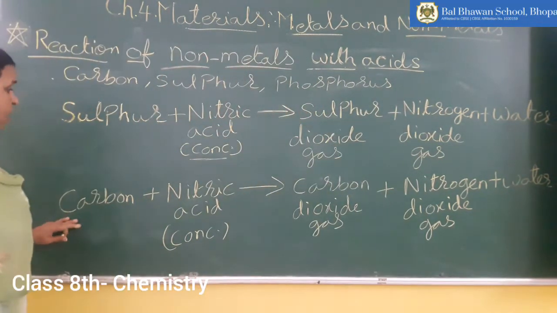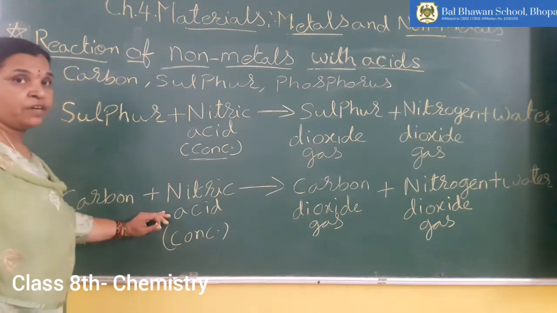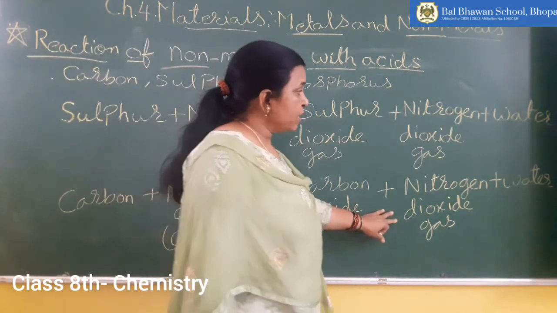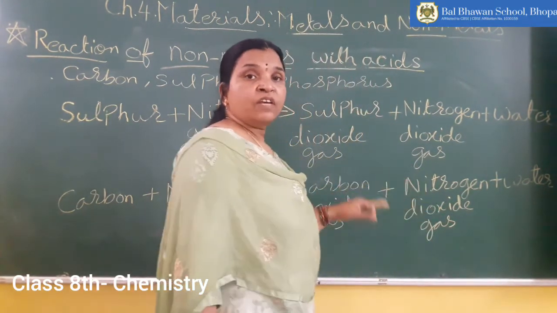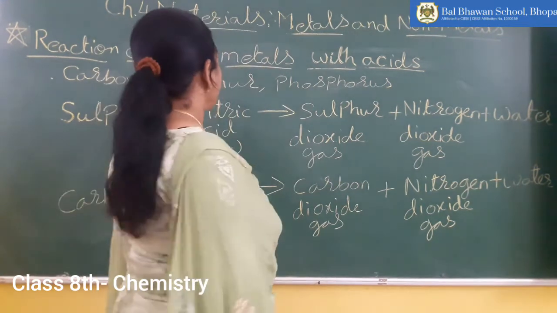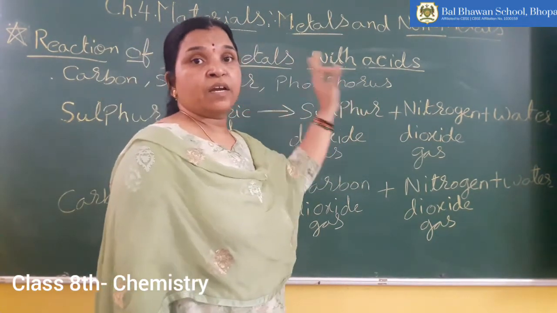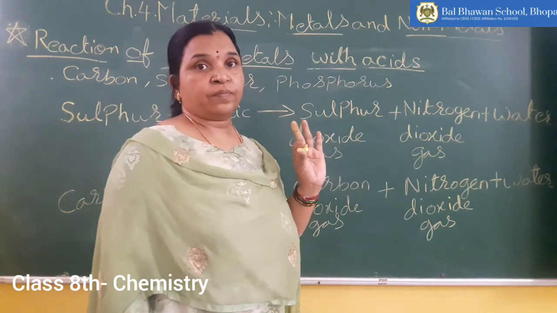Similarly, if I mix carbon with concentrated nitric acid, then I will obtain carbon dioxide gas, nitrogen dioxide gas and water. So generally we can conclude that non-metals do not react with acid, as they are not able to displace hydrogen from the acid.